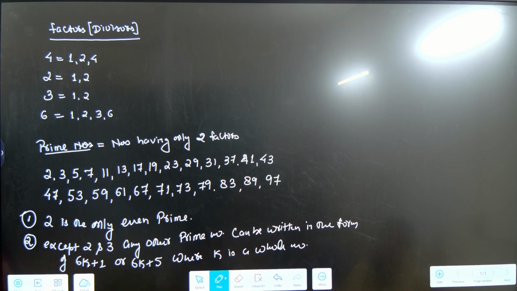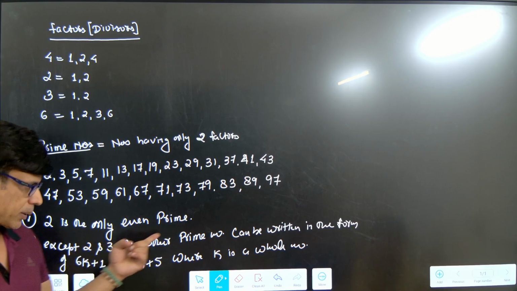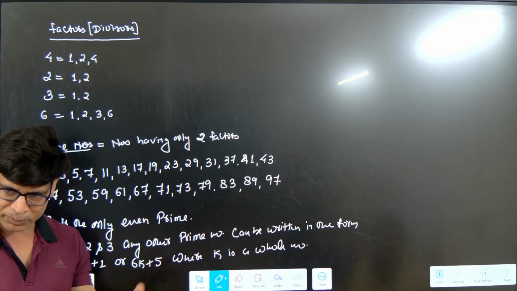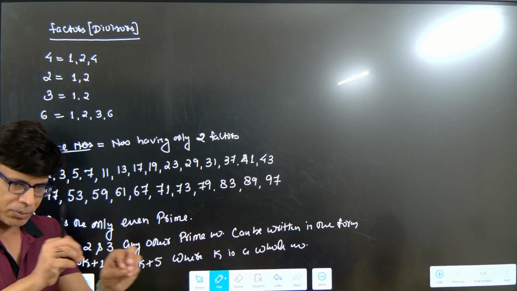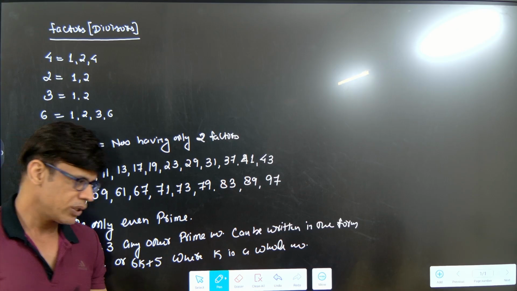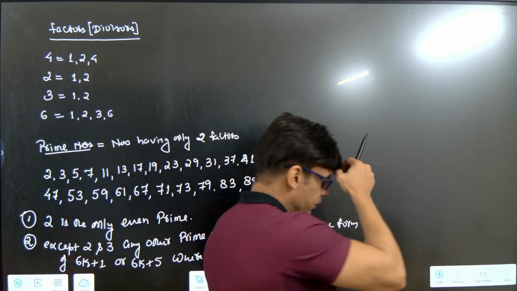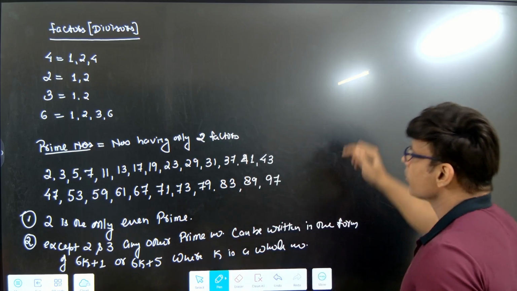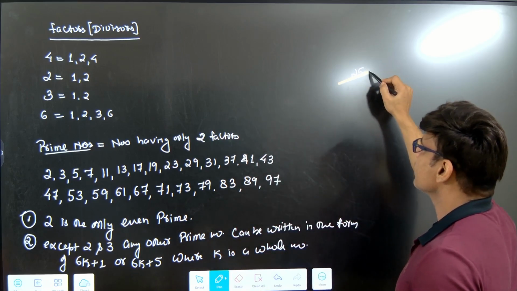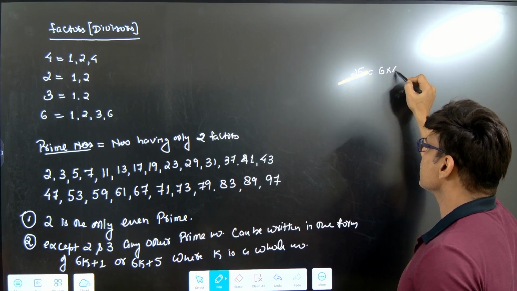But it's not necessary that all the numbers of the form 6k plus 1 or 6k plus 5 will be prime. I am just taking all the prime numbers, removing 2 and 3, and whatever prime numbers we have, you can write in the form of 6k plus 1 or 6k plus 5. 25 is not a prime number, yet you can still write this as 6 into 4 plus 1.